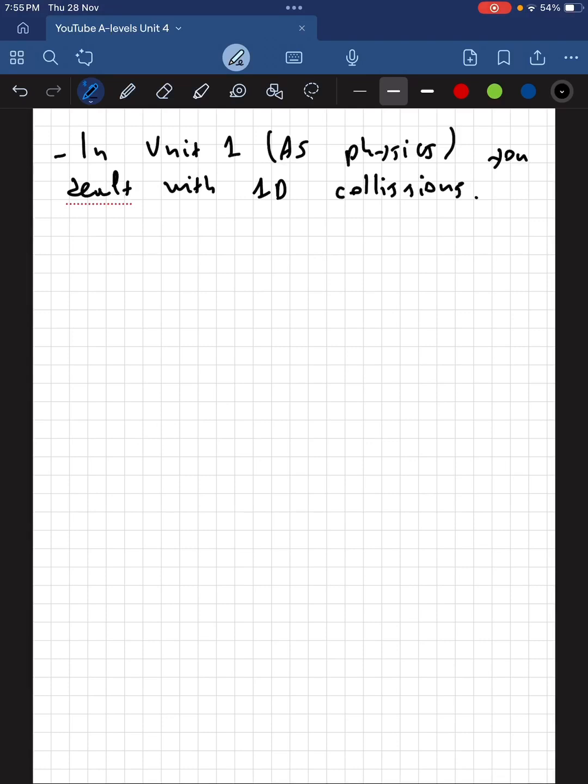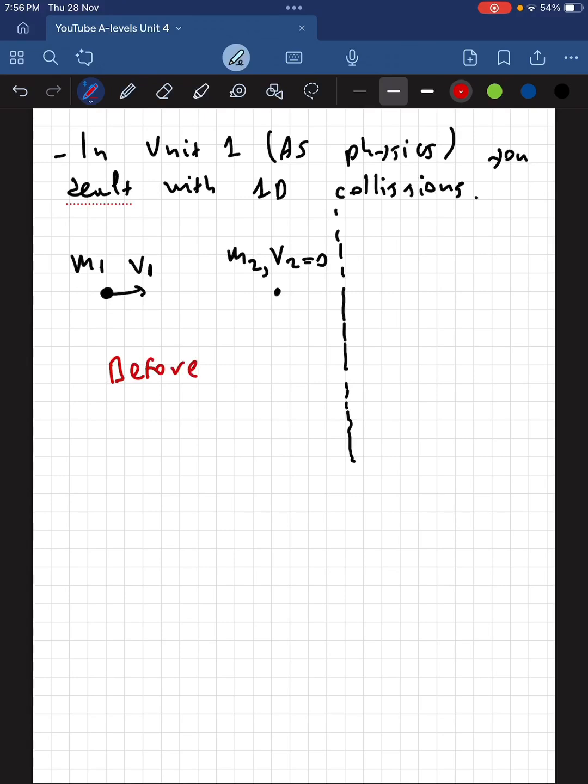As an example, let's say that you have some mass m1 that travels with velocity v1 and collides with another mass m2, maybe these are bigger balls, and its velocity is 0, so it's stationary. I like to divide the space into the before and after. Before, we have maybe a cue ball hitting an object ball which is stationary.